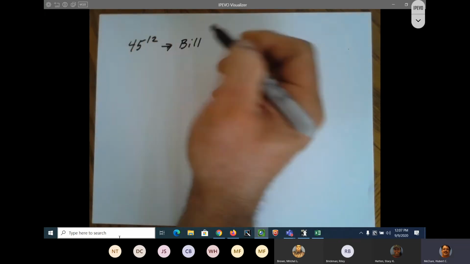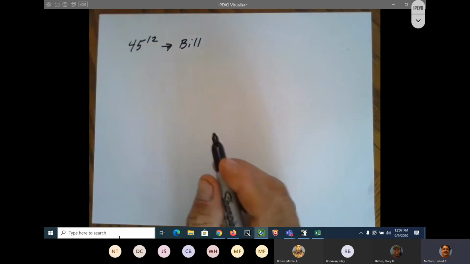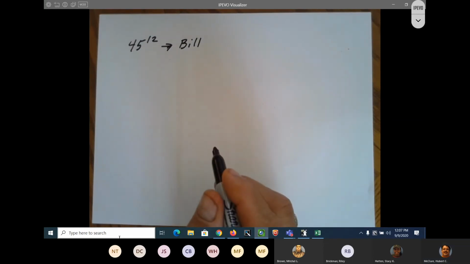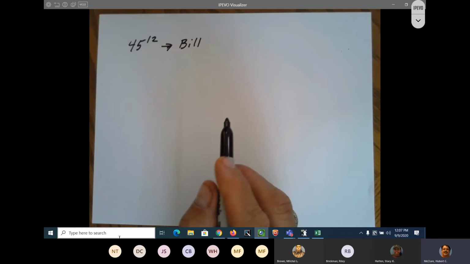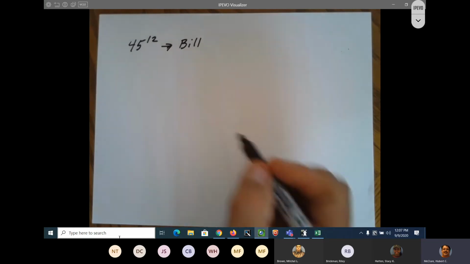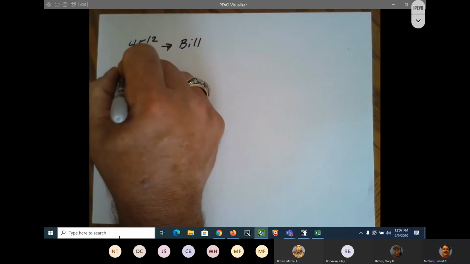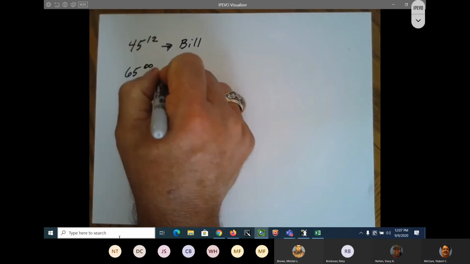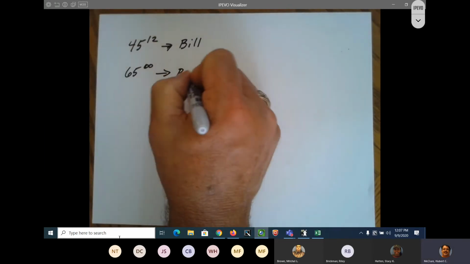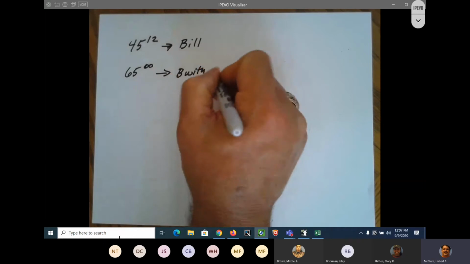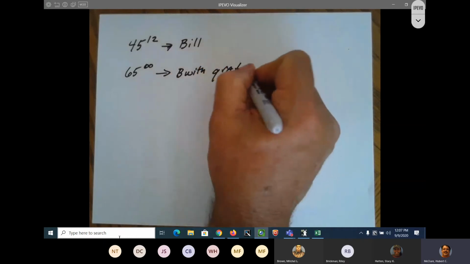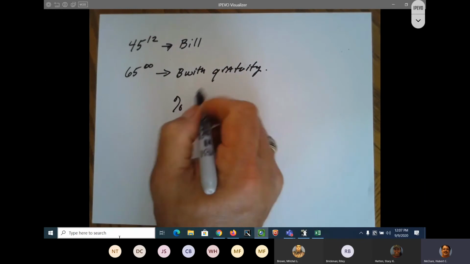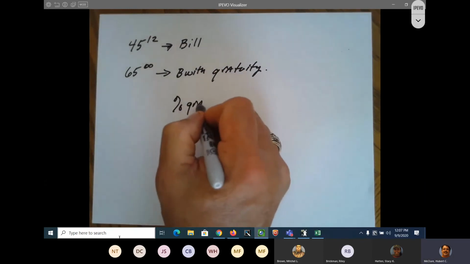You went up to the register, and the register rung up your bill with gratuity. And the bill with gratuity is $65. So you want to know what was the percent gratuity that they charged.